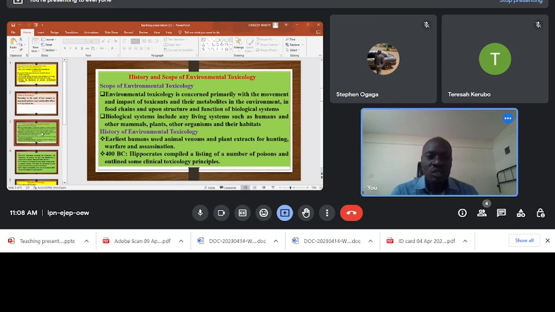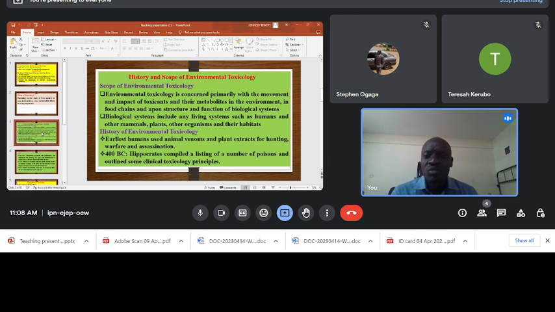Let's look at the history and scope of environmental toxicology. Environmental toxicology is basically concerned with the movement and the impact of toxicants and their metabolites in the environment, in food chains, and upon structure and function of biological systems.